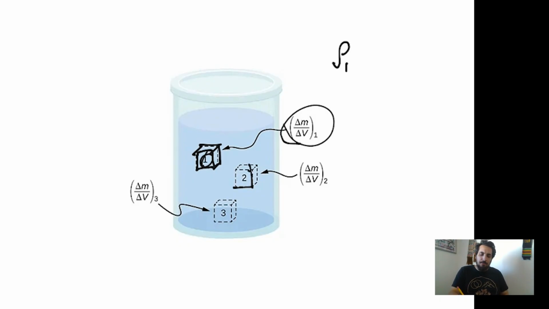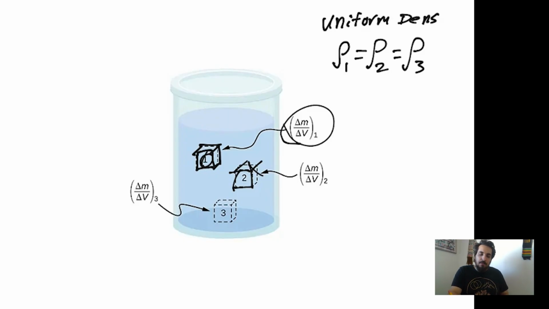You can do that for a different region as well, or a third region even. And what you'll find is that for any, we call them uniformly dense object, for any uniformly dense object, you would get that the density, no matter what region you look at, is going to be the same.